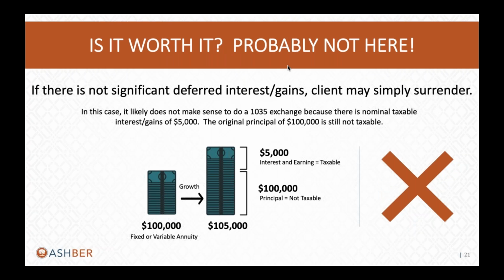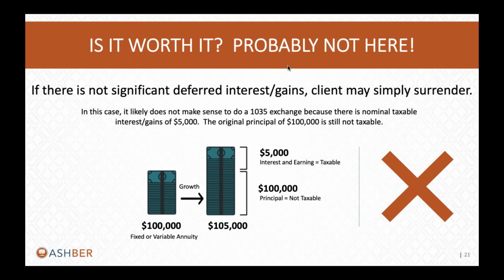If you have a deferred annuity that does not have significant gains or deferred interest, then the client may simply consider surrendering the contract. So in this example, we have somebody that purchased the same $100,000 annuity and it's only grown to $105,000, whether that be because the client just purchased the annuity and there's surrender charges, or the annuity just hasn't performed very well.